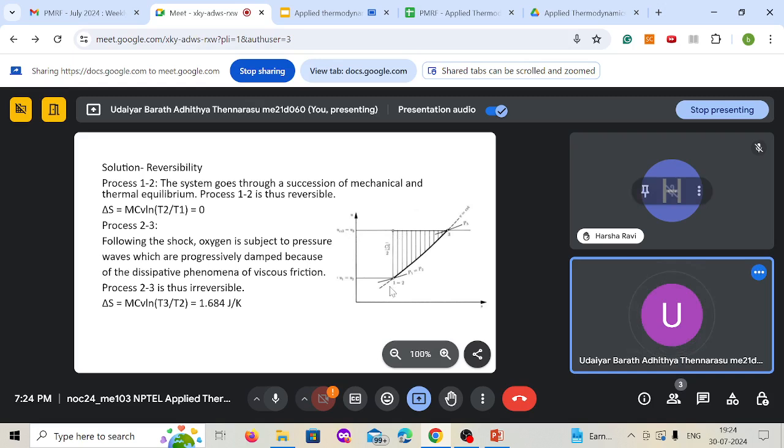From 1 to 2, this is the state, there is no change. But from 2 to 3, when it suddenly comes to a stop because of the shock, the oxygen goes to state 3, and the total energy of the system is again constant. The total energy is U3 when it was at constant speed.